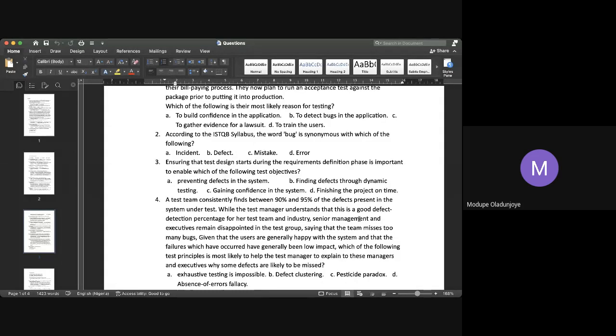A, preventing defects in the system. Because of the way the Excel sheet is, with 1, 2, 3 aligned with the questions, I was shuffling between two tabs, the questions and the Excel sheet. At some point I had to remove the answers and start from 1. I don't know, maybe I mixed up the questions for another answer. But let's just continue.